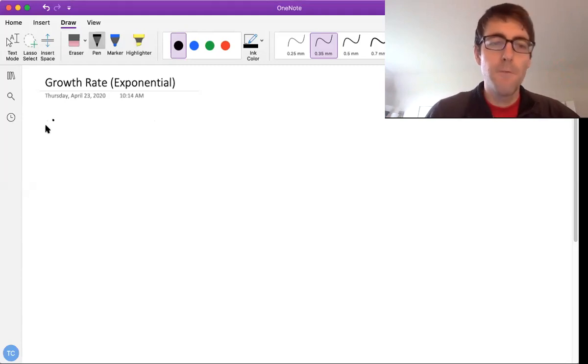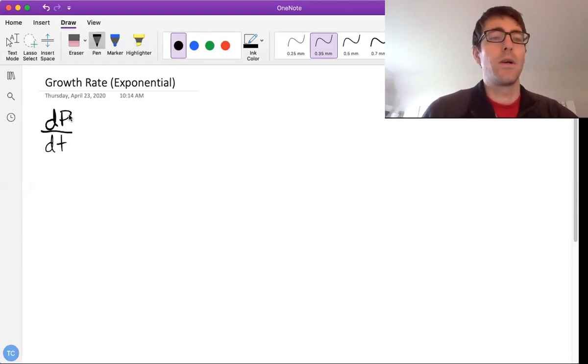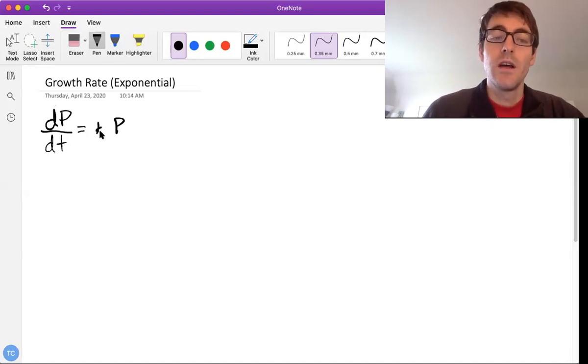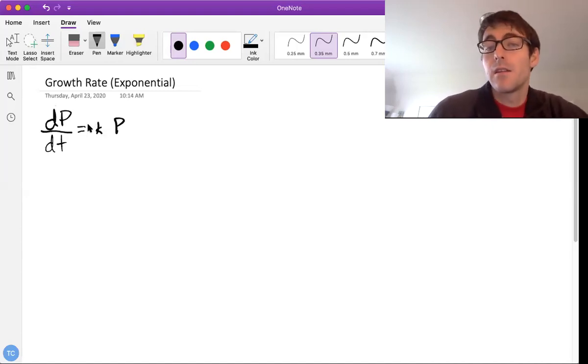So the fundamental idea when talking about any of these exponential models is that the rate of change of whatever we're measuring, and I'm going to talk about populations, but this could really be anything, is proportional to the population itself. So the rate of change is equal to some, in this case, fixed constant times that population.